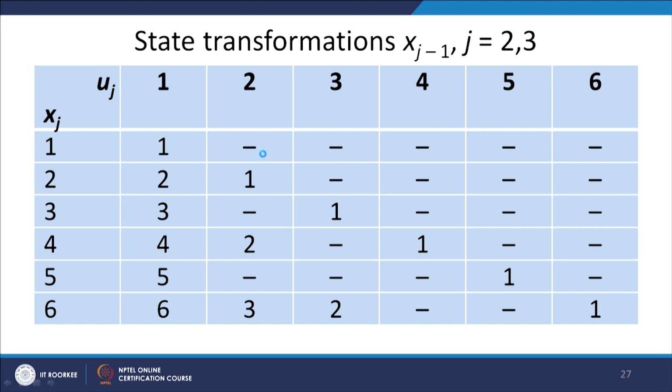Then come the state transformation functions, that is the xj minus 1, where j goes from 2 to 3. Here again in the table uj is represented in the top row, that is 1, 2, 3, 4, 5, 6, and xj are shown in the first column, and the corresponding values are shown in the table, and those which are not defined are shown with the help of a dashed line.